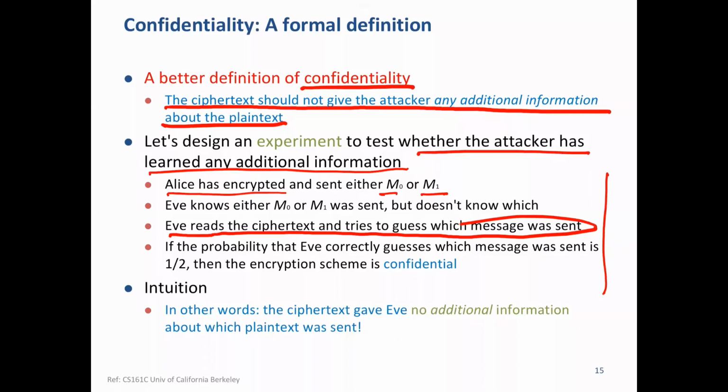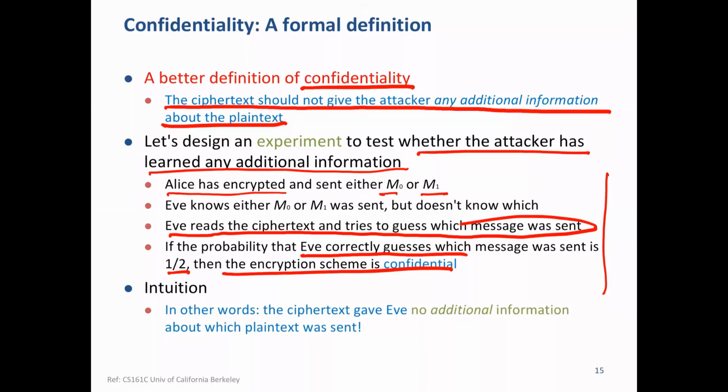And if the probability of Eve correctly guessing is half, then the encryption scheme is confidential. It means that Eve cannot find out whether Alice encrypted M0 or M1. Eve knows what M0 and M1 contain, and Alice picks one of them, encrypts it and sends it to Eve.